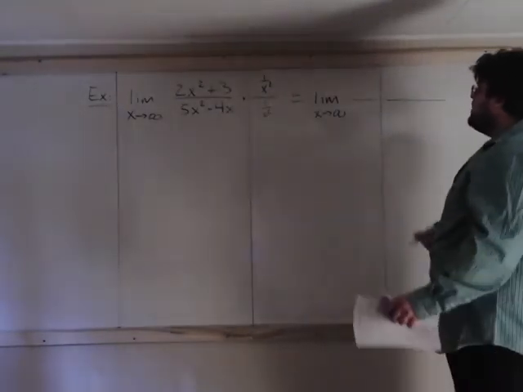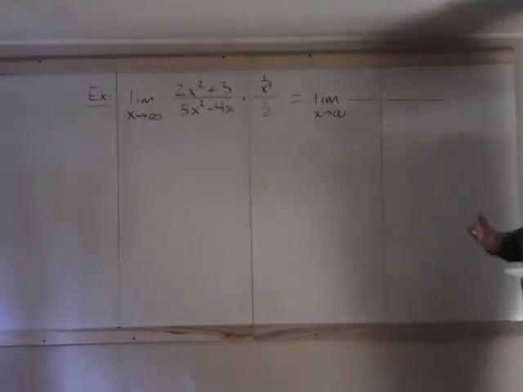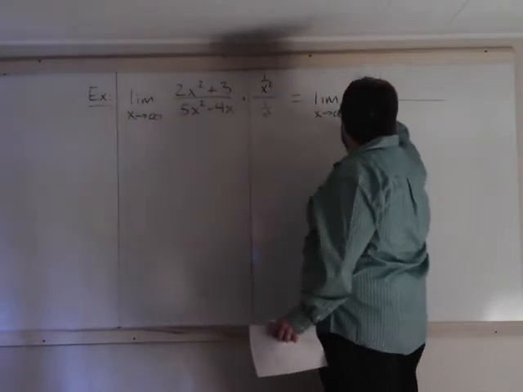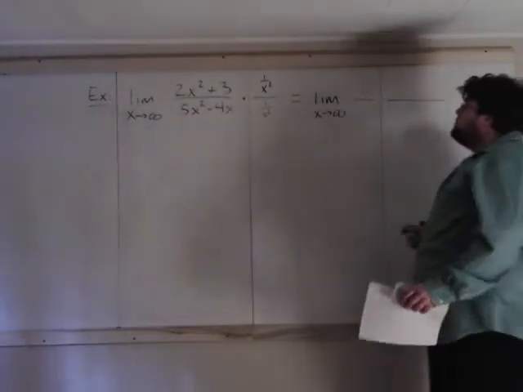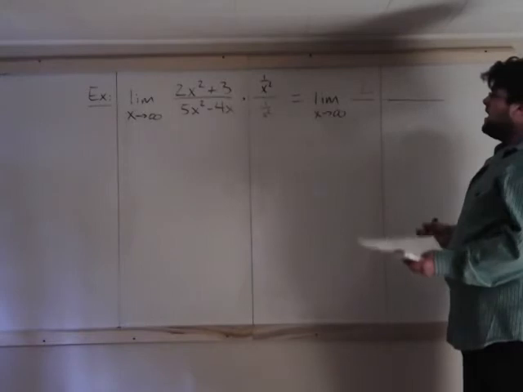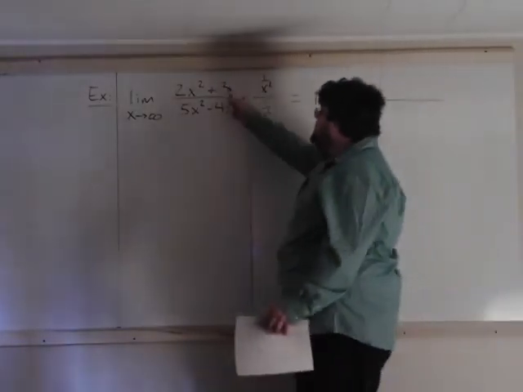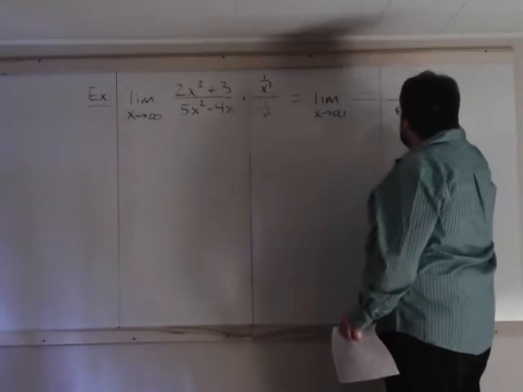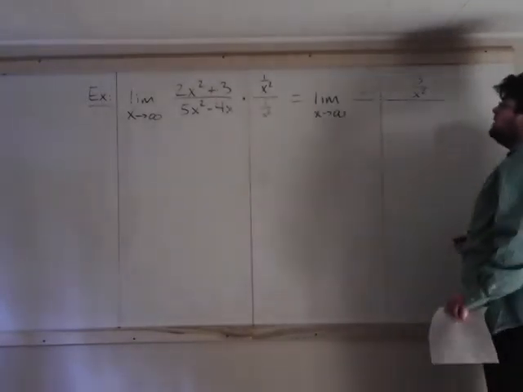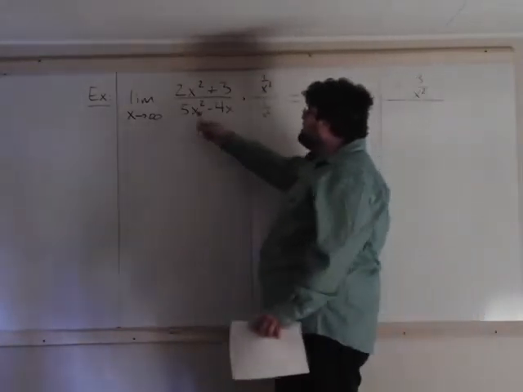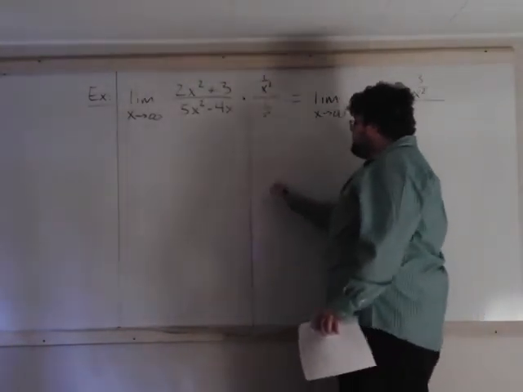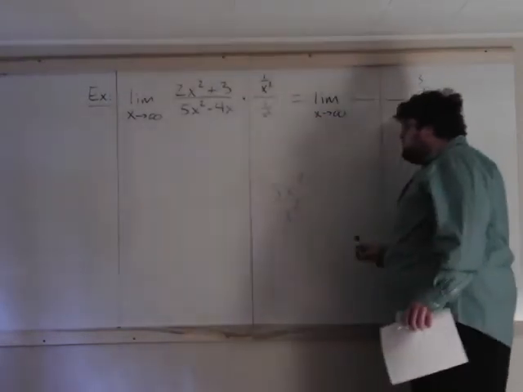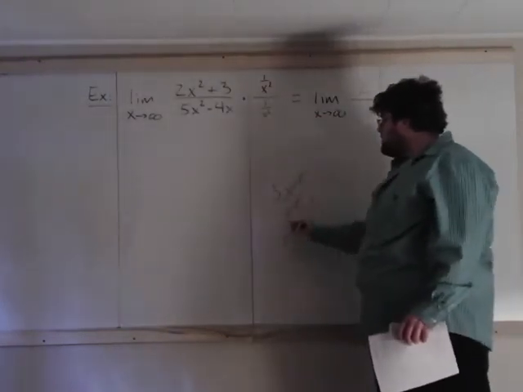On top, multiplying everything by 1 over x squared is the same as dividing everything by x squared. 2x squared divided by x squared is just 2, because the x squared and the x squared will cancel. 3 times 1 over x squared is just 3 over x squared, because no x's are going to cancel. Similarly down here, 5x squared divided by x squared, well, you have an x squared up there, and you have an x squared down there.